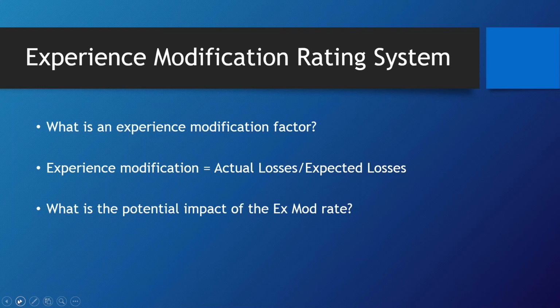Then you will have a debit which will go above that 1.00 base mark, and let's just say you ended up at 1.20. That would mean that you would have a 20% increase in your premium based on that mod factor.